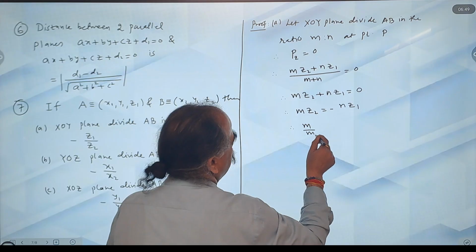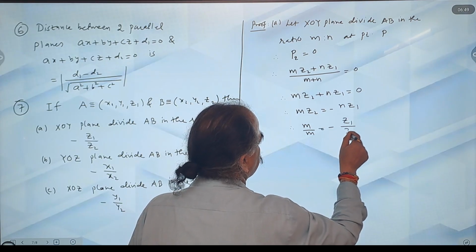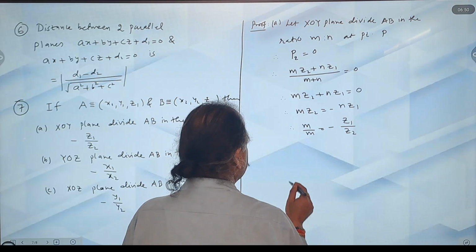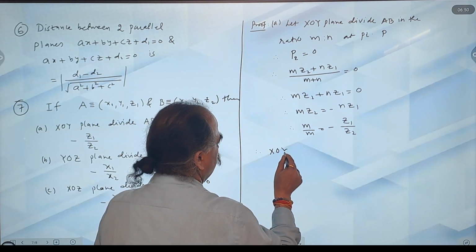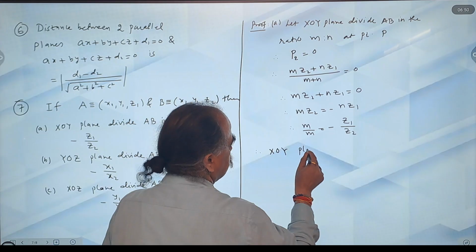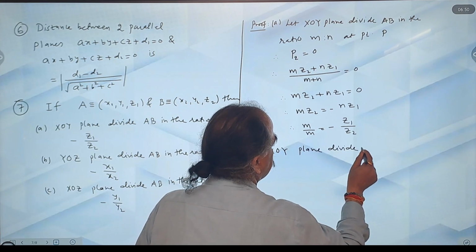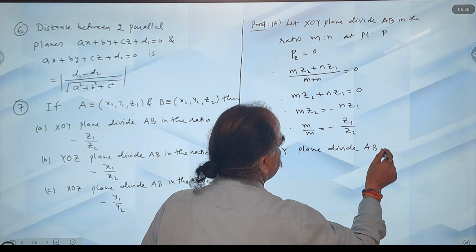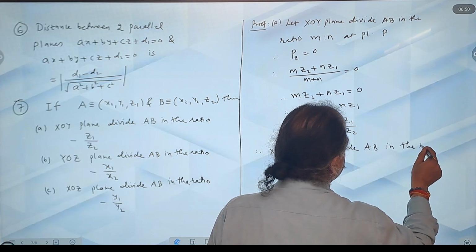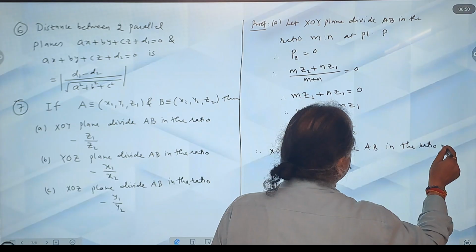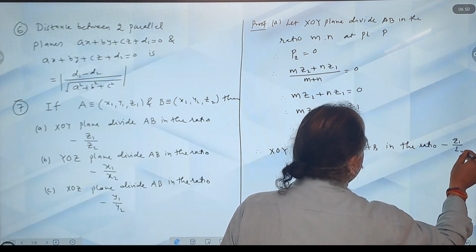So m by n is minus z1 upon z2. Therefore, the XOY plane divides AB in the ratio minus z1 upon z2.